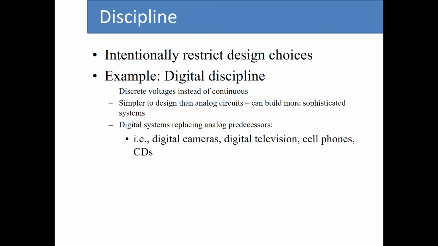Examples include digital cameras, digital television, cell phones, CDs, etc. So having discipline or having restrictions when we do the design is not necessarily a bad thing. It has potential to even surpass using analog signals, for example, for the purpose of digital logic.